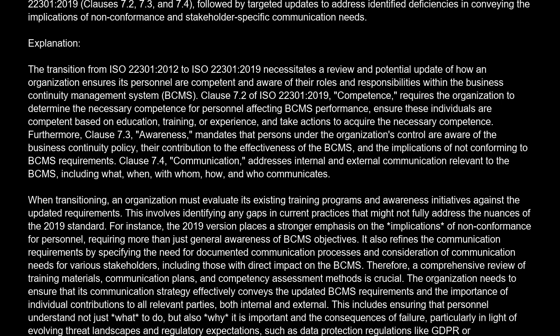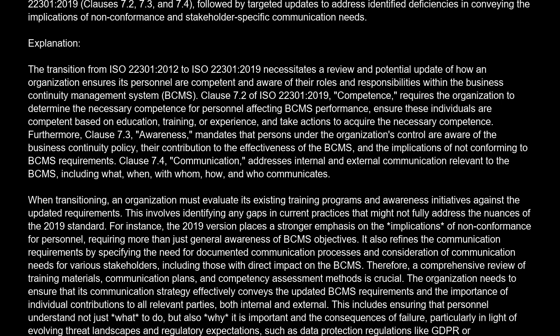Clause 7.2 of ISO 22301-2019, Competence, requires the organization to determine the necessary competence for personnel affecting BCMS performance, ensure these individuals are competent based on education, training, or experience, and take actions to acquire the necessary competence.